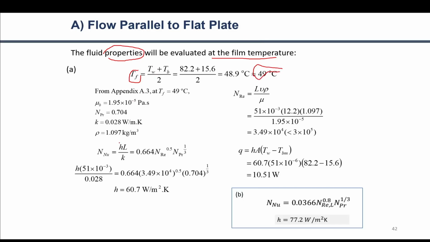Then you go to Appendix A3 and look at Tf at 49 degrees Celsius. Then you determine mu, the Prandtl number, the thermal conductivity, and also the rho of the fluid.